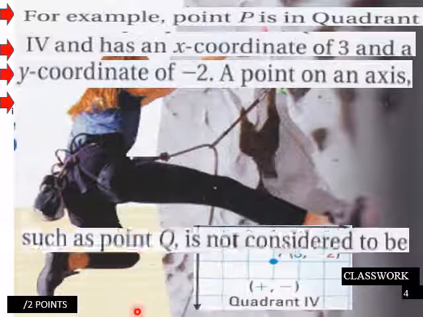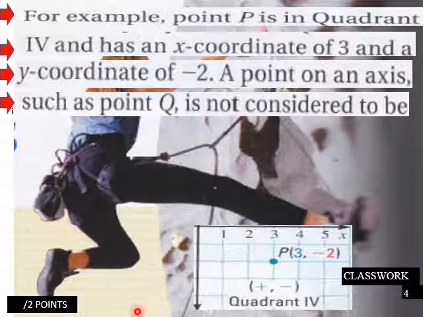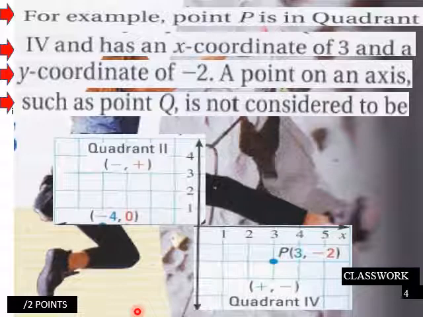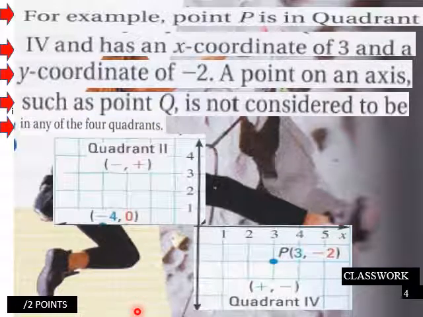A point on an axis, such as point Q, is not considered to be in any of the 4 quadrants. So point Q, which is here, is on an axis, so it's not in a quadrant. It's on the x-axis.